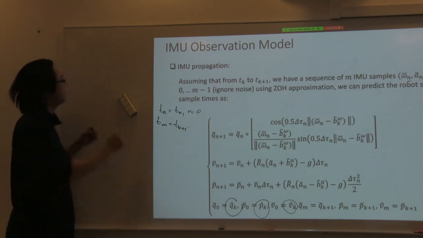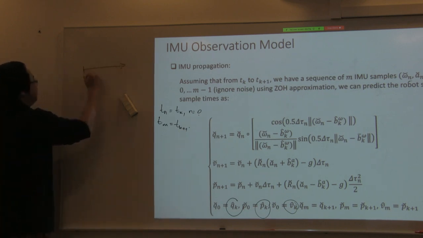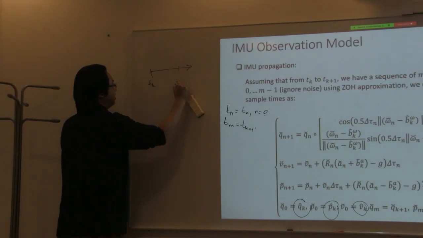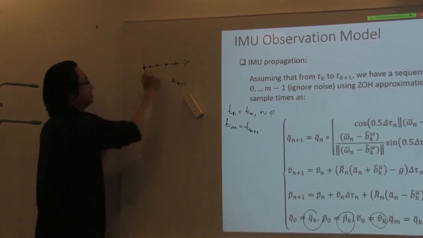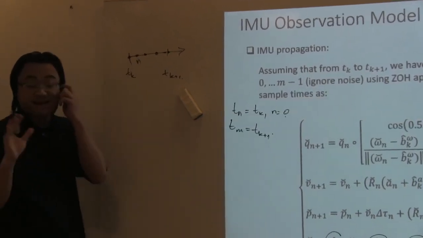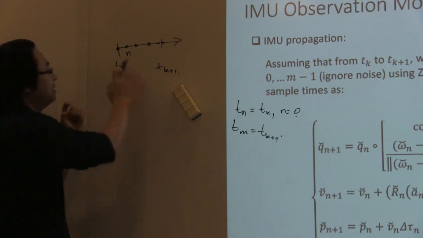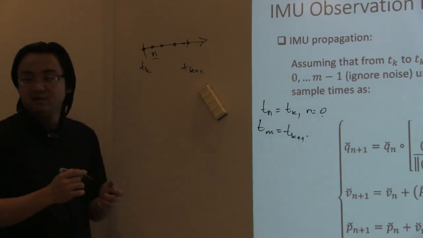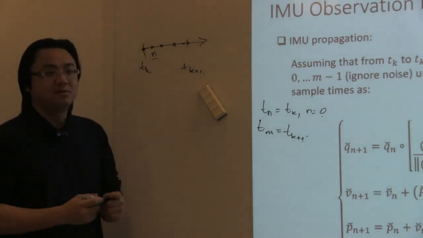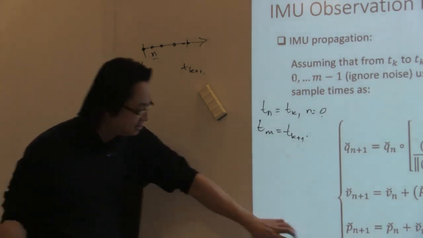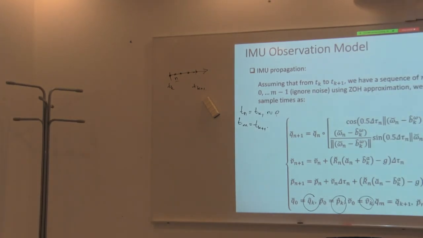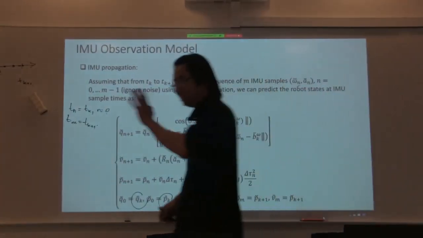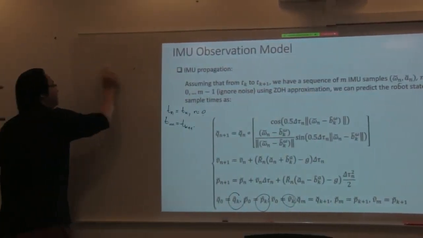So basically you have this interval tk to tk plus 1, and then you're going to have IMU samples here. This is a different index. They are just different indexes. So in this interval you have different samples. So the idea here is just to do the dead reckoning of your states using IMU samples. Well, that's enough for us to move on.